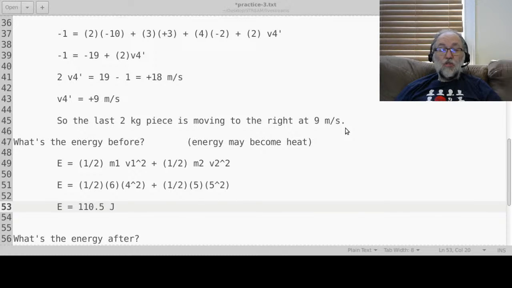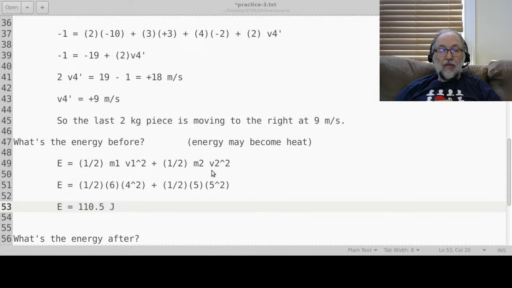But each mass contributes its own kinetic energy, and so you have 1/2 mv squared, but for each of the masses, all right? And so we have the first mass, 1/2 m1v1 squared, and then the second mass, 1/2 m2v2 squared. Substituting in the numbers, m1 is 6, v1 is 4 squared, okay? And then m2 is 5, and then v2 is -5.